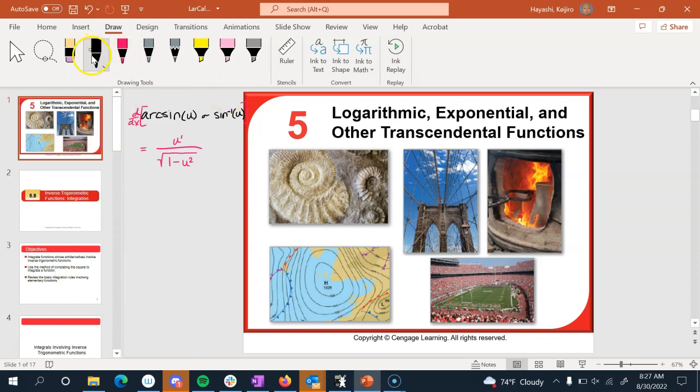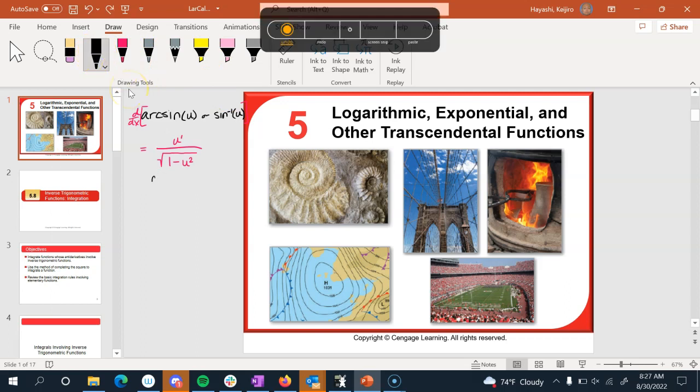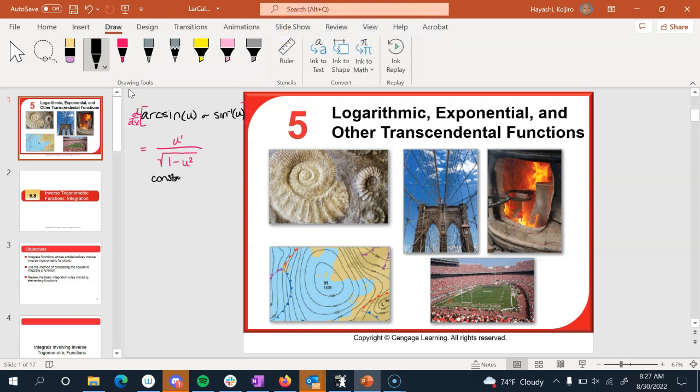I'm just going to write that in. All right, so just remember that that is part of what differentiates this function from the others. Having the constant squared first minus the variable squared.